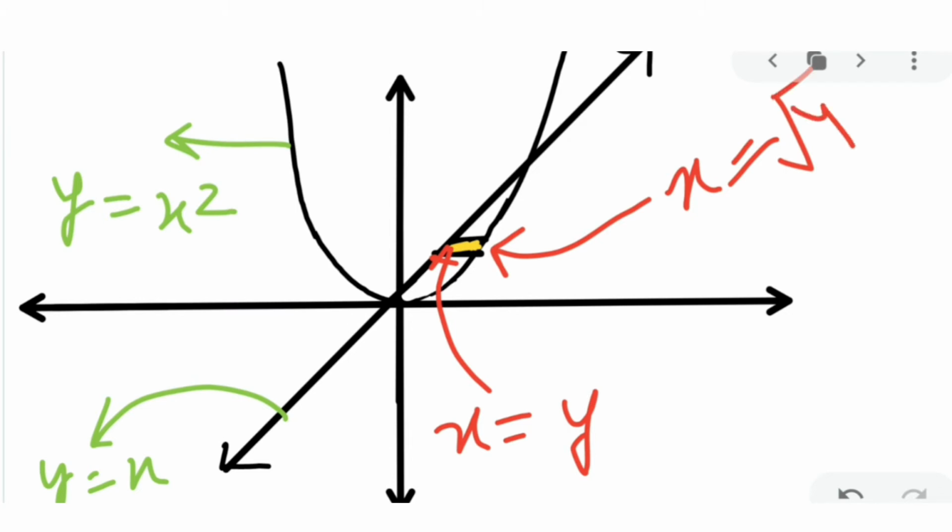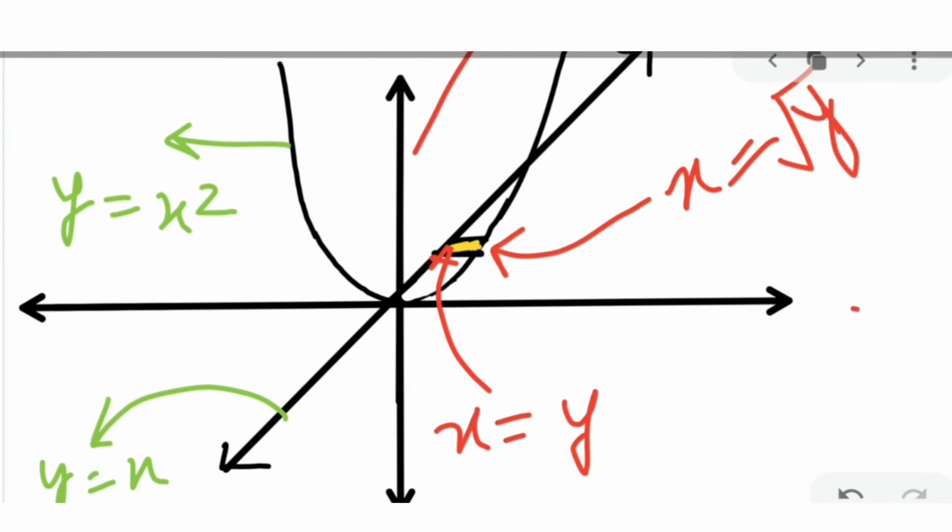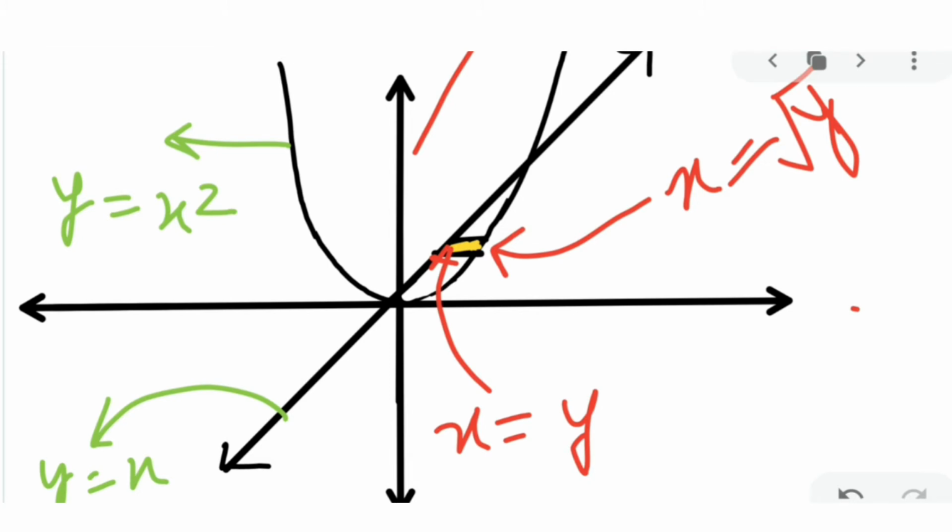Root y, right? So we have extracted the limits of the horizontal strip.